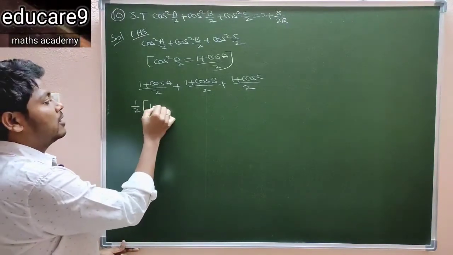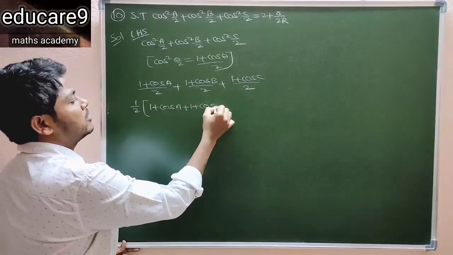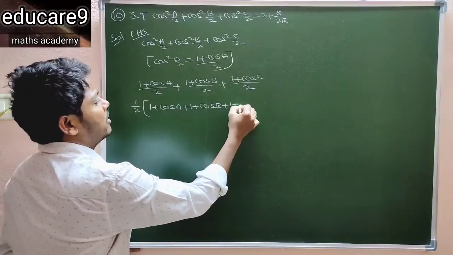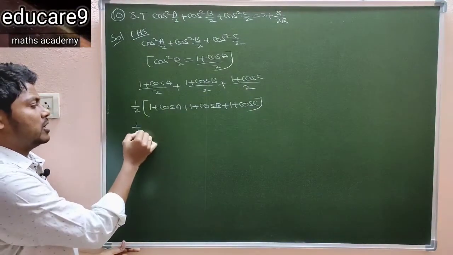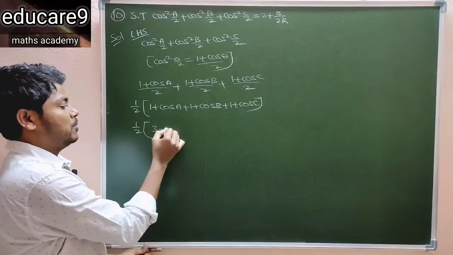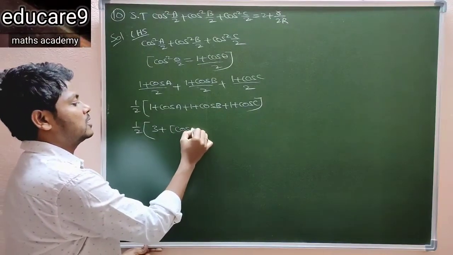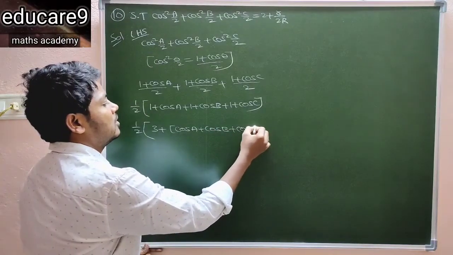So what you get? 1 plus cos A plus 1 plus cos B plus 1 plus cos C. Again this is what? 1 by 2 times of 1 plus 1 plus 1. So 3 plus cos A plus cos B plus cos C.